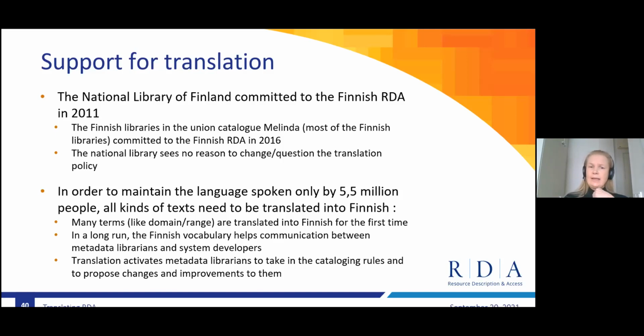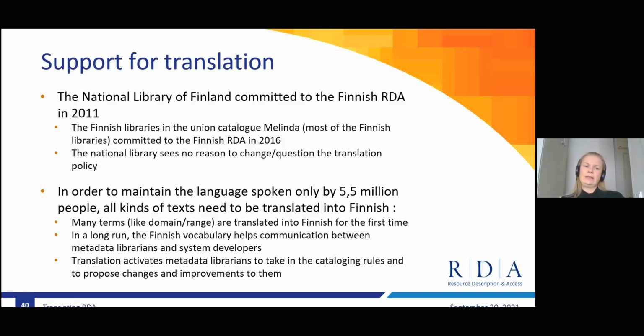In order to maintain a language spoken by only 5.5 million people, all kinds of text need to be translated into Finnish. Many terms like domain and range are translated into Finnish for the first time ever. Of course, these terms have been used in English by system developers and other people, but never translated into Finnish.